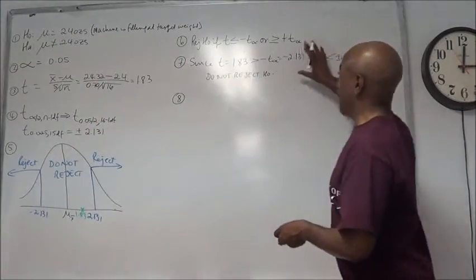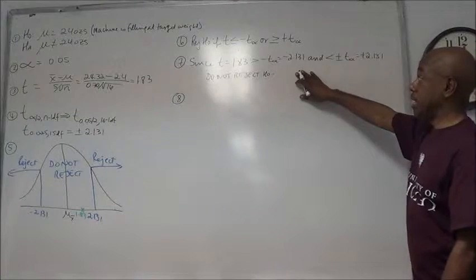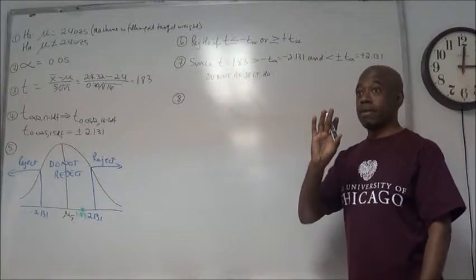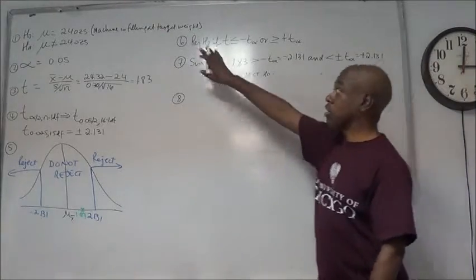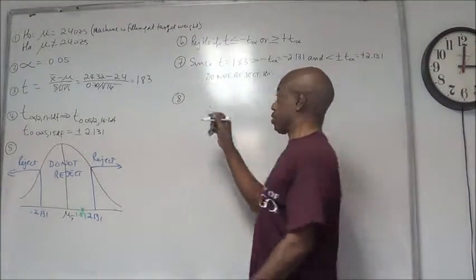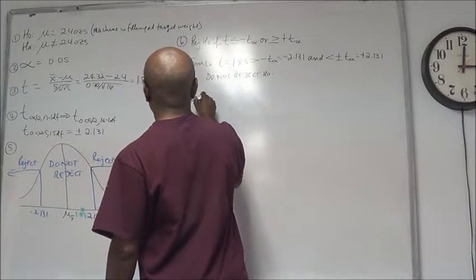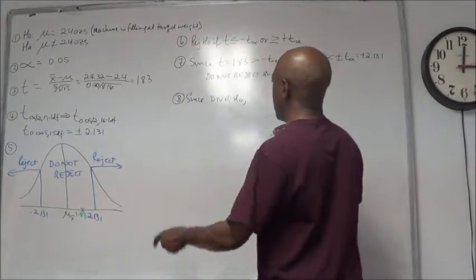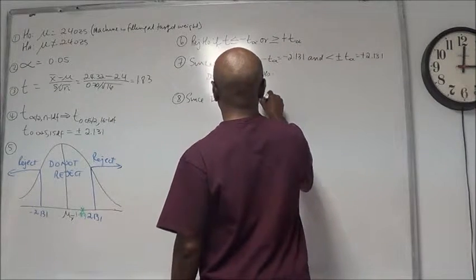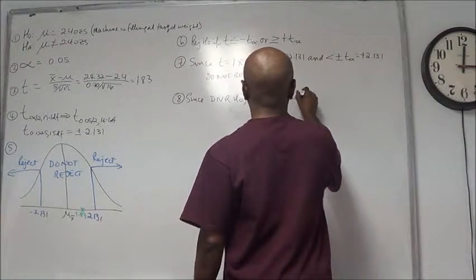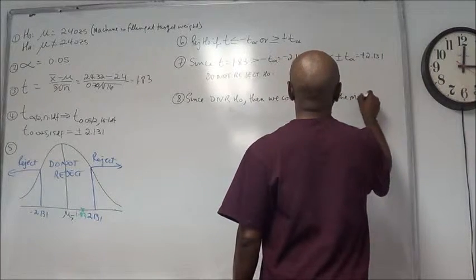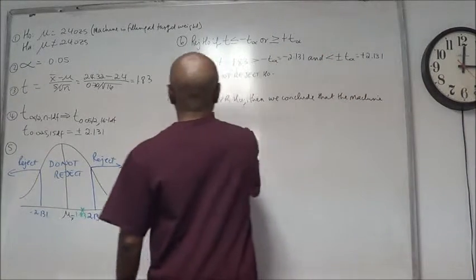And then step 8. So now we made our decision, right? But now we need to determine what that decision means. Okay, so we decided now we are not going to reject H0. So since we do not reject H0, then we conclude that the machine does not need to be recalibrated, it is filling fine.